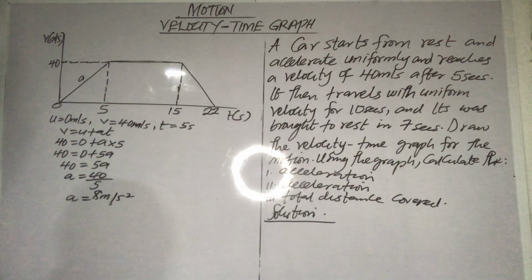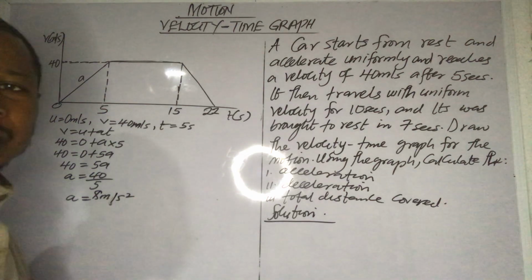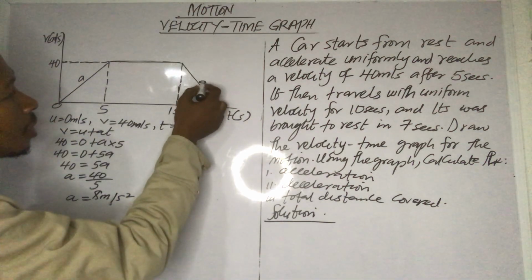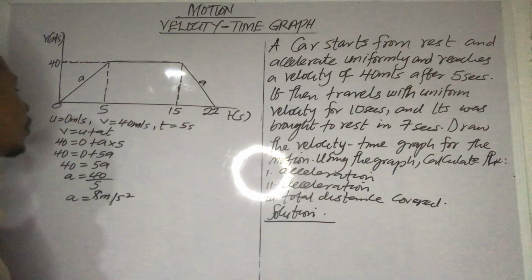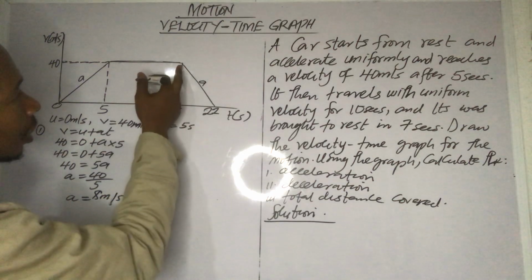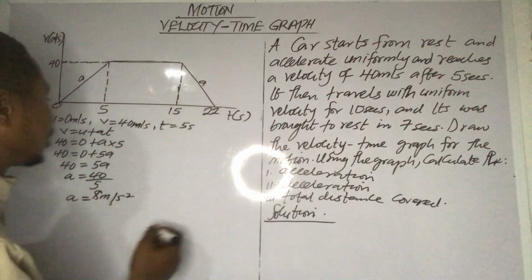So that's our acceleration. Then to get our deceleration, it is from here to this place. This is the deceleration from here to here.